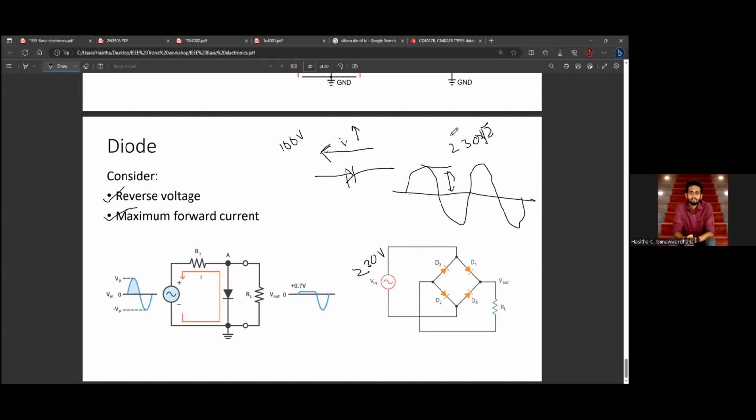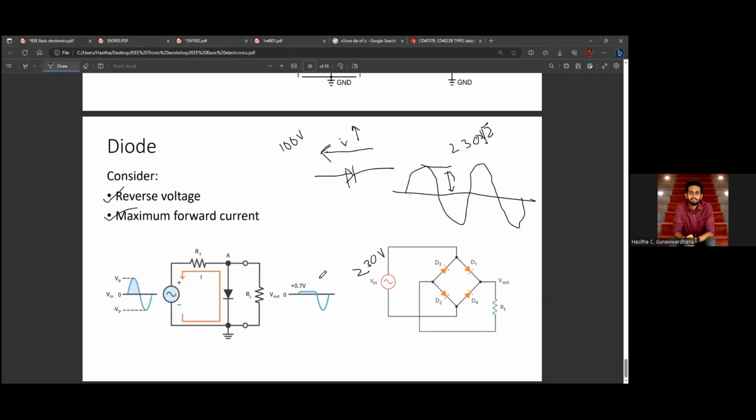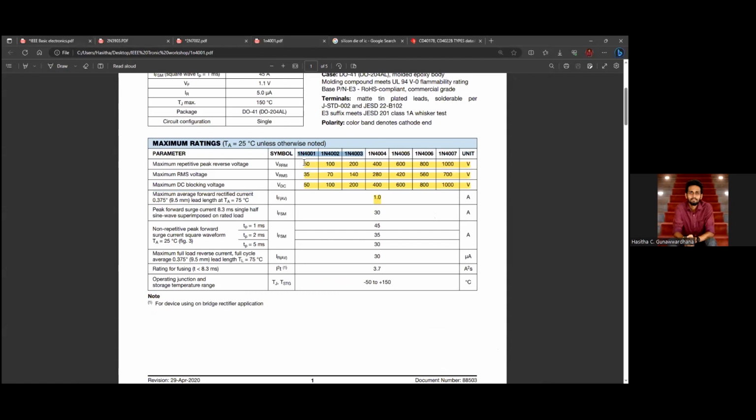That will be like 300 something. Then we cannot use these three diodes for this type of circuit because each of these has a smaller reverse voltage value.